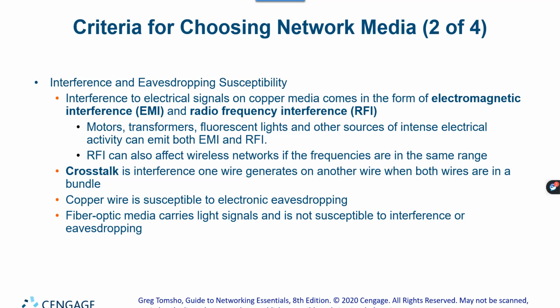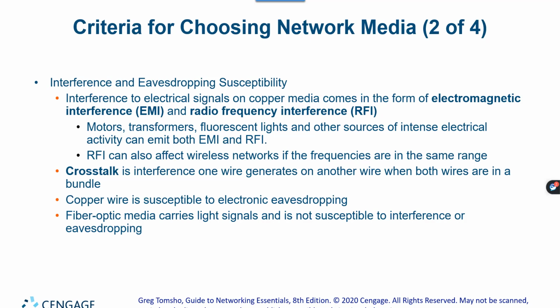So if we're in an environment that has high EMI or high RFI interference, such as an elevator shaft or a factory floor, we might want to switch to something like fiber that is more immune to this interference.